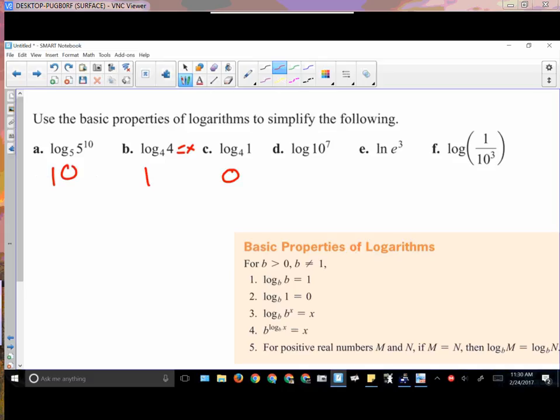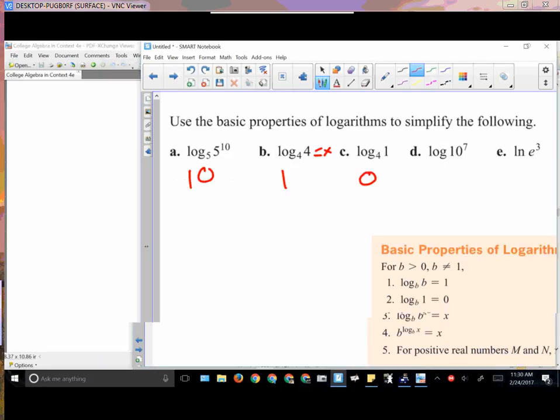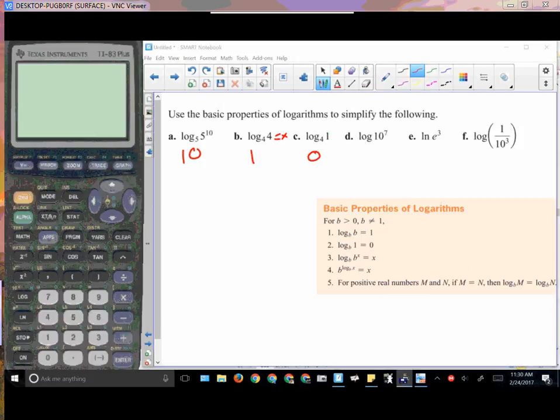Now, what about D? There's no number down there, is there? Well, this is where knowing what bases we have available comes into play. Your calculator is set up in base 10 logarithms. So when you see that little button down there that says log, this is base 10.